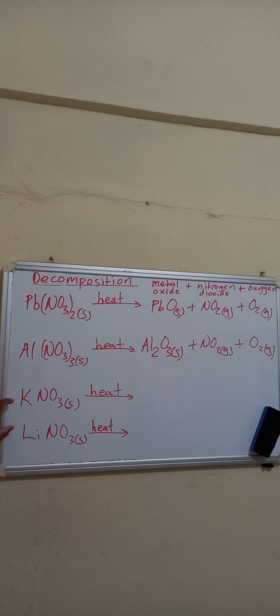Now the isolated atom here is a non-metal, so it is going to displace the negative ion, the bromide ion and the iodide ion. So if you have potassium bromide with chlorine, the chlorine is going to displace the bromine, the bromide ion. And so you get potassium chloride and bromine.